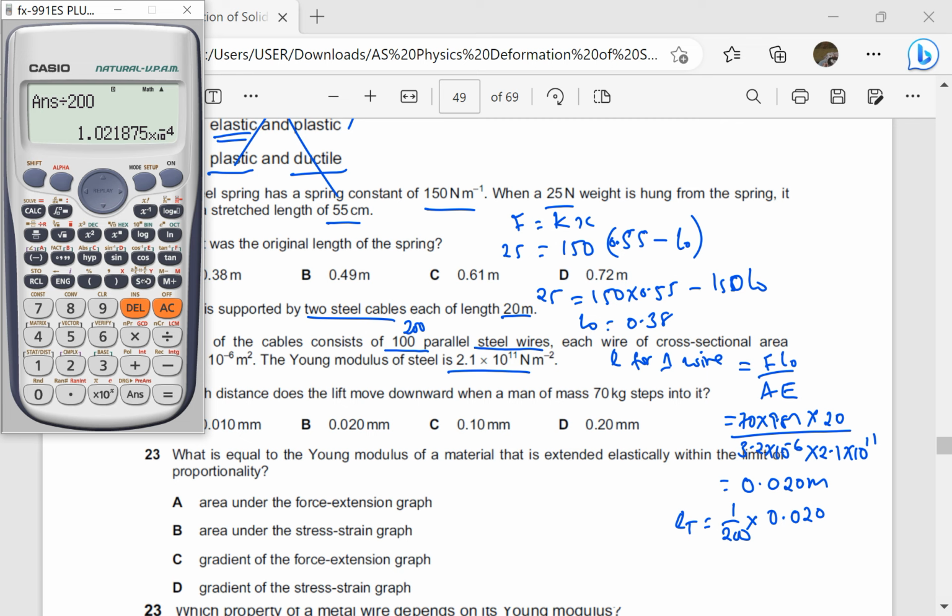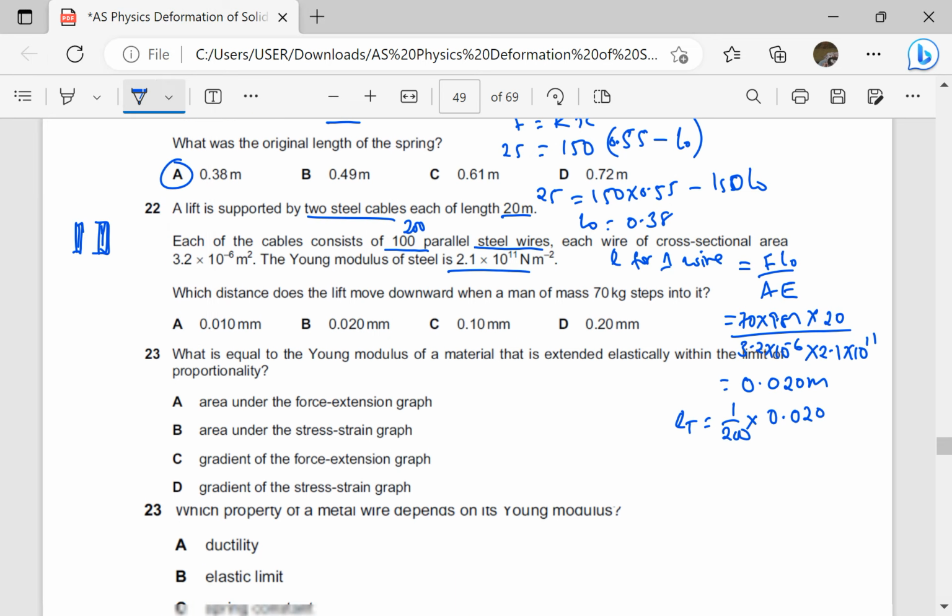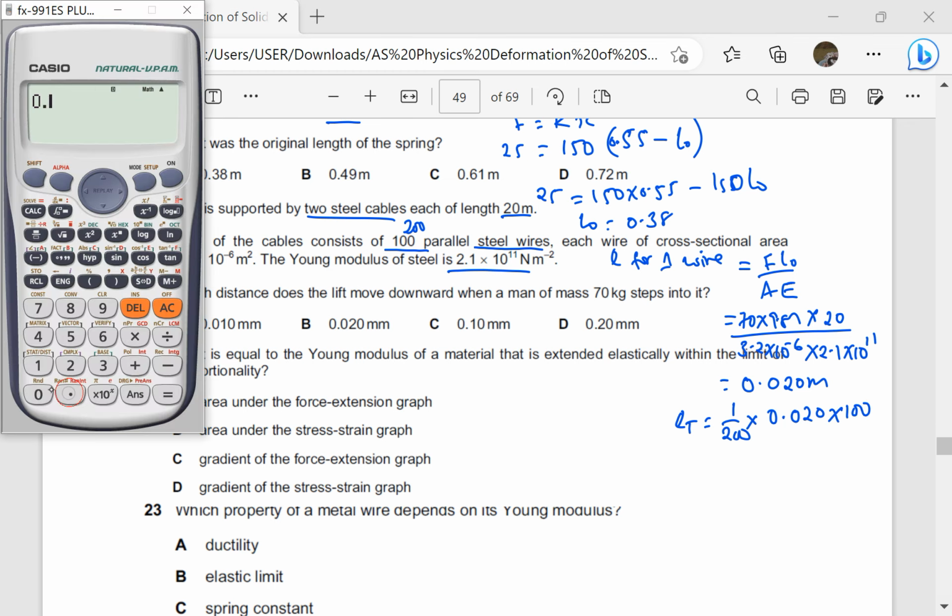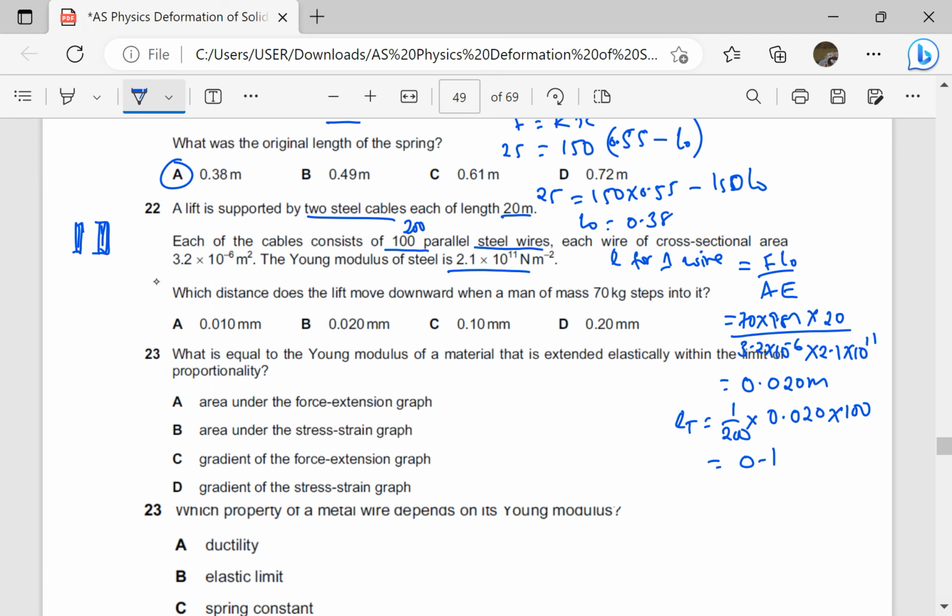This is in meters, so I'll multiply by 1,000 to change it to millimeters, then divide by 200, which is 0.1. So our answer here is going to be 0.1 millimeters.